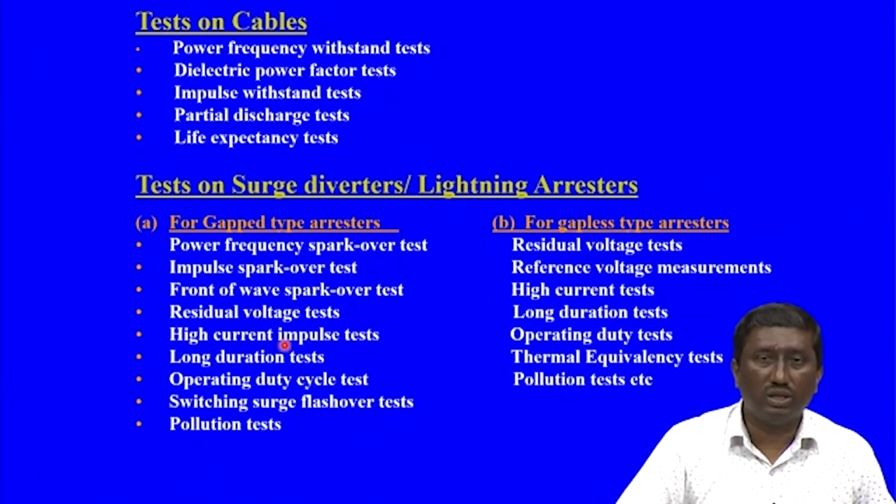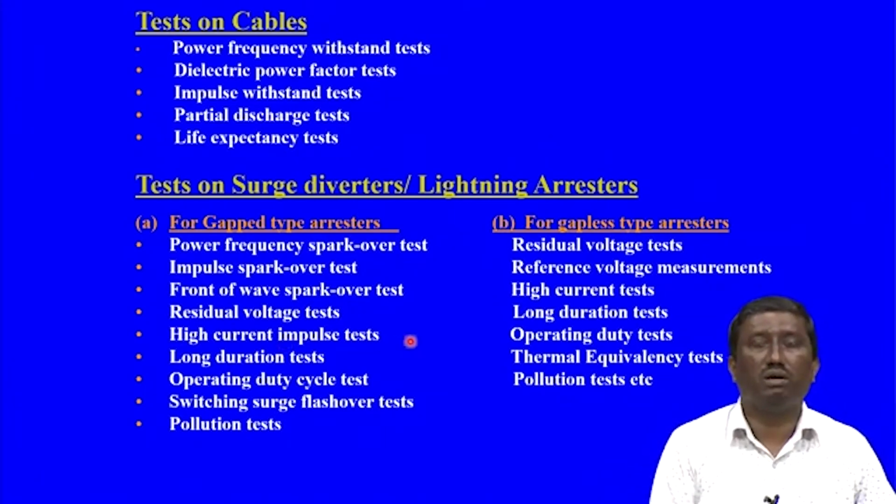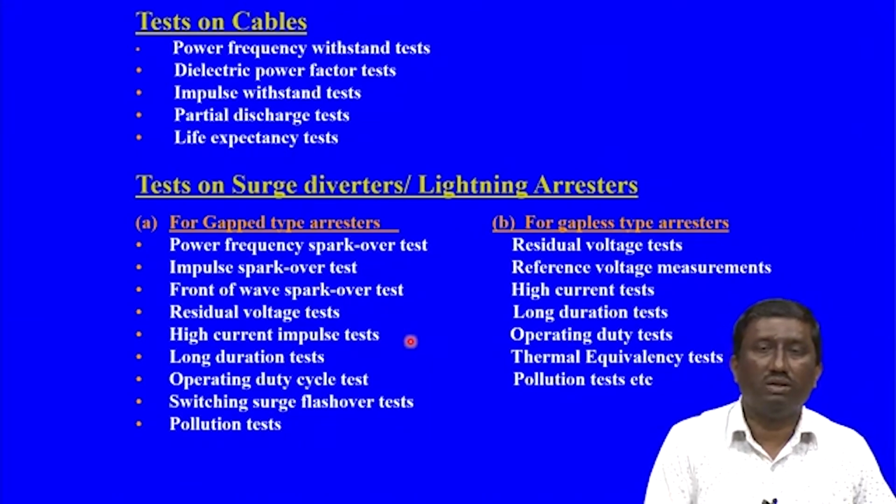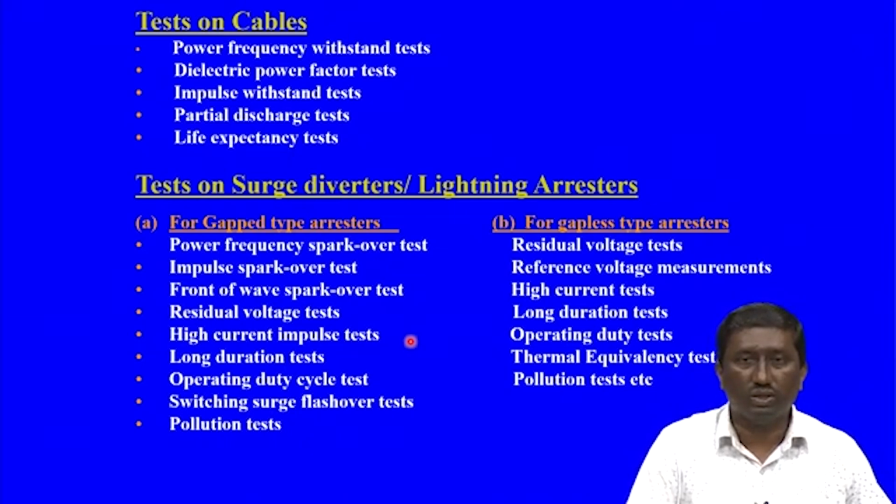Then residual voltage. When lightning strikes the system, the surge arresters become active and try to see that the overvoltages are diverted to the ground.